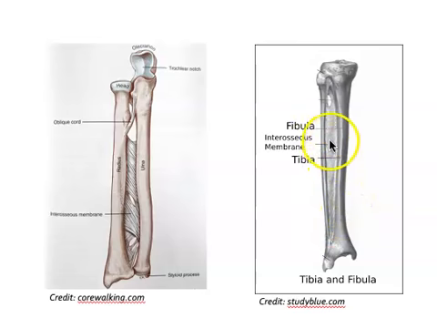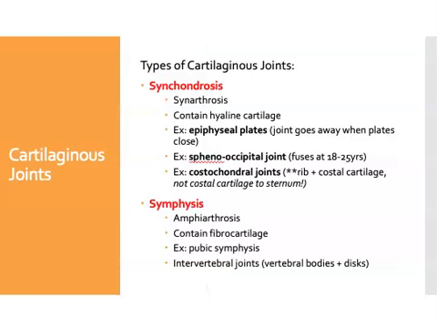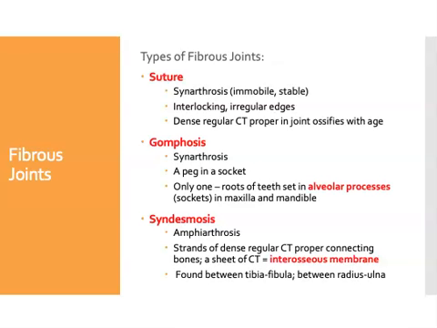And then you're looking at the other one right here between the tibia and that little fibula bone in your lower leg. So those are the fibrous joints: suture, gomphosis, and syndesmosis.